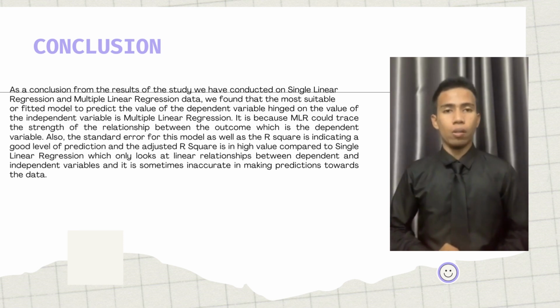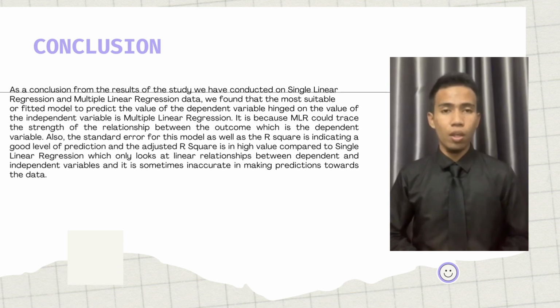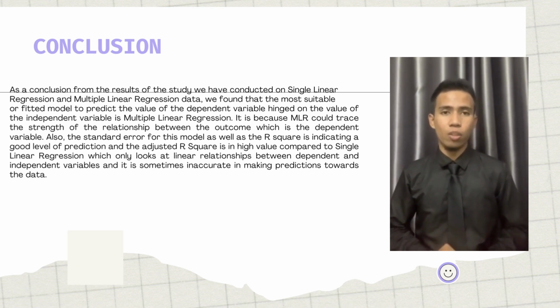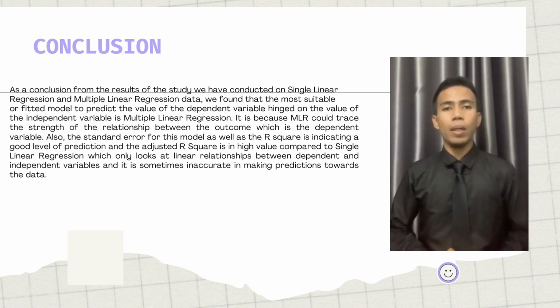Also, the standard error for this model as well as the R-square indicates a good level of prediction, and the adjusted R-square is high compared to single linear regression, which only looks at linear relationships between dependent and independent variables and is sometimes inaccurate in making predictions on the data.